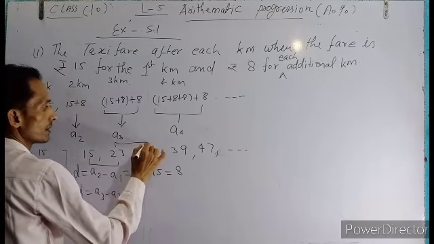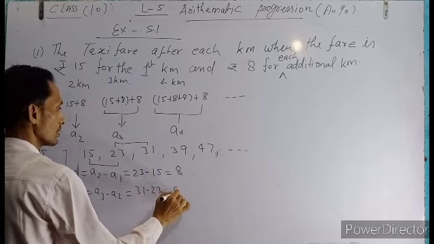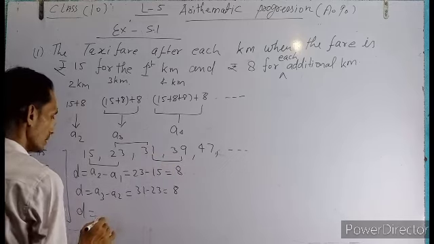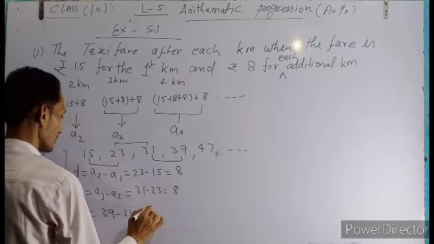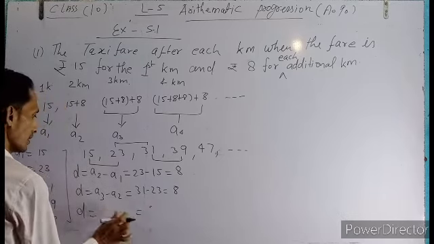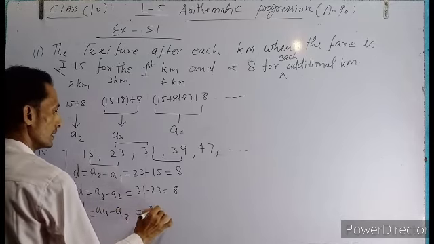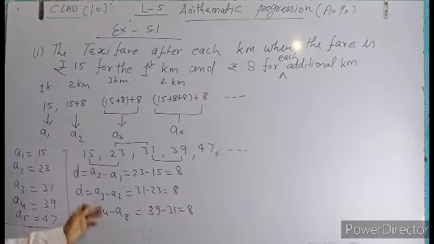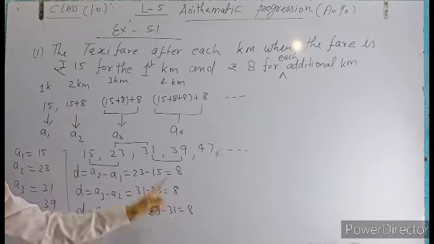Now take the difference A3 minus A2, 31 minus 23, which is also 8. Then A4 minus A3, 39 minus 31, is also 8. Similarly, we find that between each two terms the common difference remains 8.